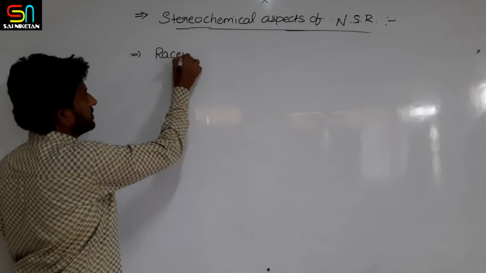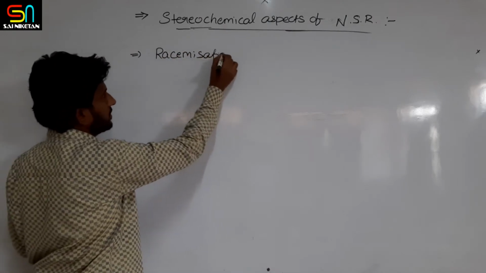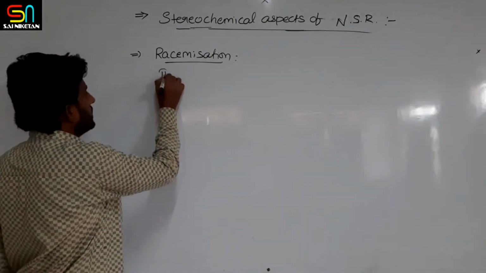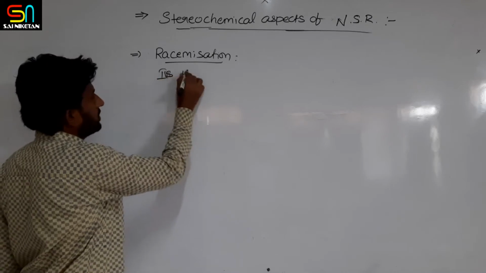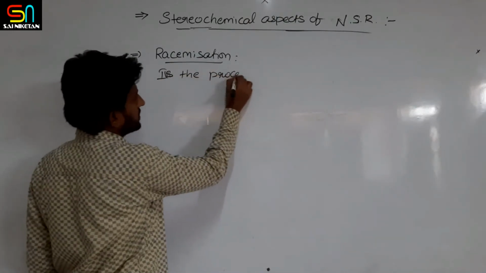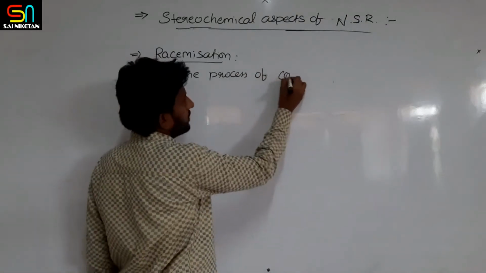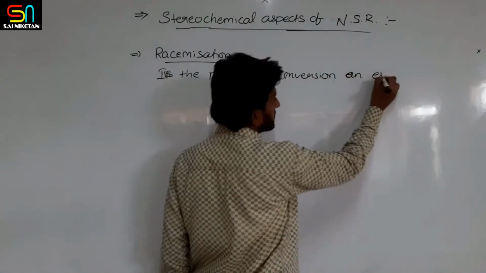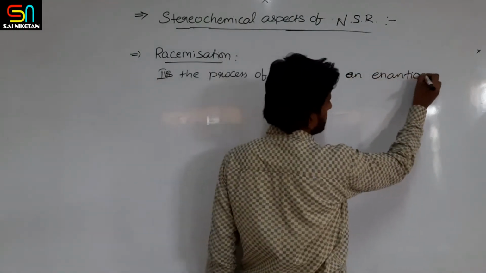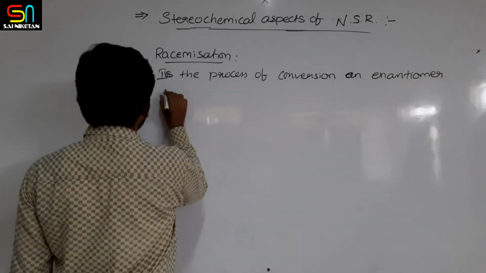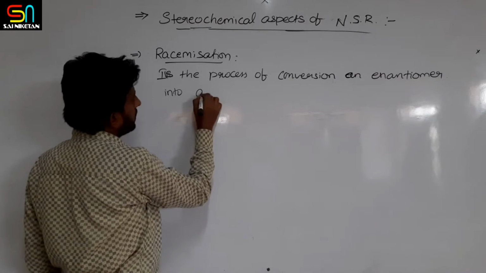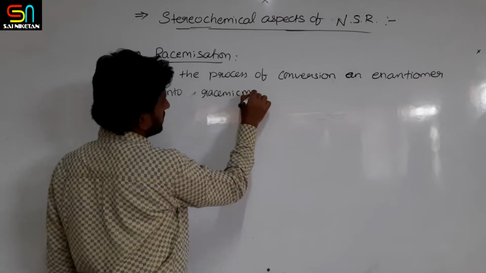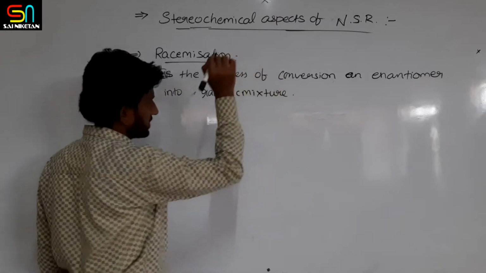Now, racemization can be defined as the process of conversion of an enantiomer into a racemic mixture, which is called racemization.